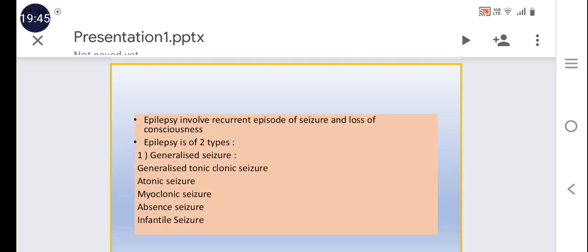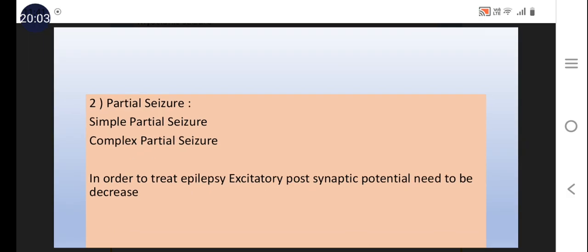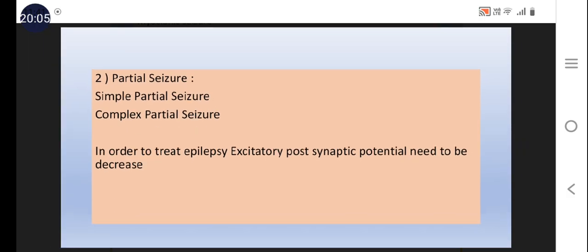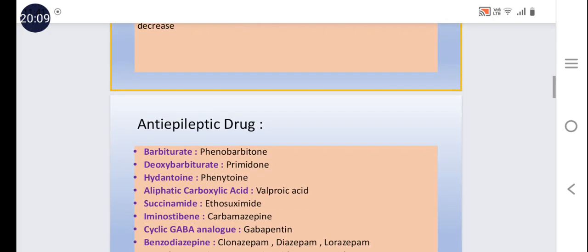Next is partial seizure. Partial seizure is of two types, simple partial seizure and complex partial seizure. Overall, in epilepsy, the excitatory postsynaptic potential in the brain increases, and it leads to the loss of consciousness. So that excitatory postsynaptic potential needs to be minimized.